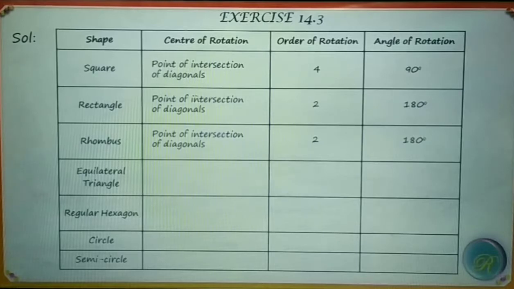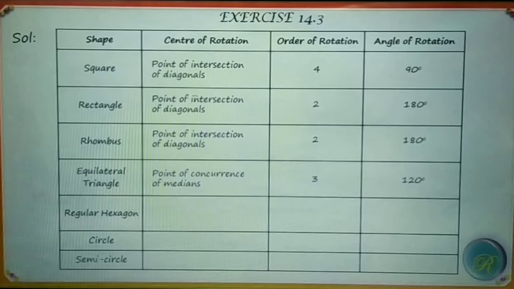For equilateral triangle, what about the center of rotation? Point of concurrence of medians of a triangle. What about order of rotation? 3. What about angle of rotation? 120 degree.